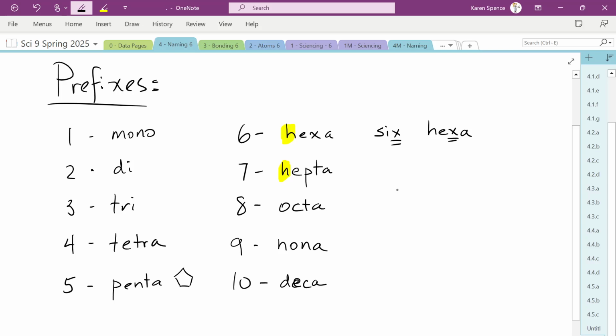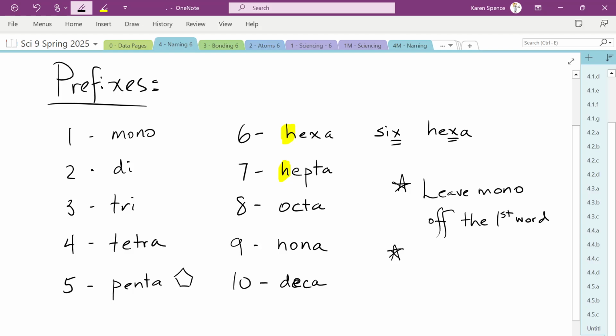And what's funny about mono? What do we do with mono that's different from everybody else? Yeah, we leave mono off the first word, but put it on the second, okay?